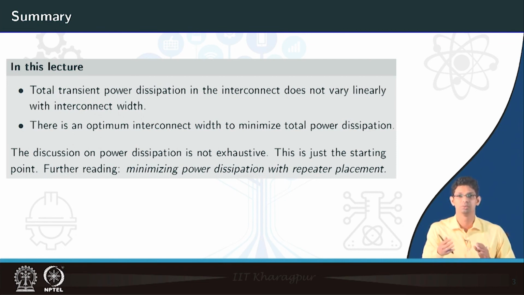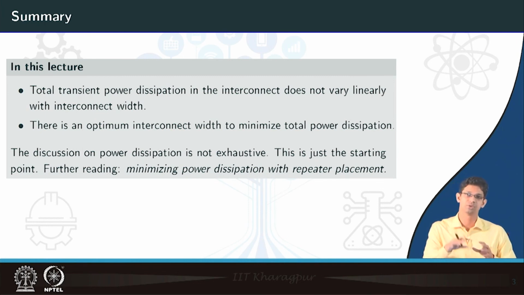So if you want to have further reading, one of the immediate topics that you can read is minimizing power dissipation with repeater placement. In the mitigation of delay, we had seen that we can place these repeaters to reduce the delay. Delay increases as a power of L square, but if we place the repeaters in between, we try to linearize the increase of delay with length.